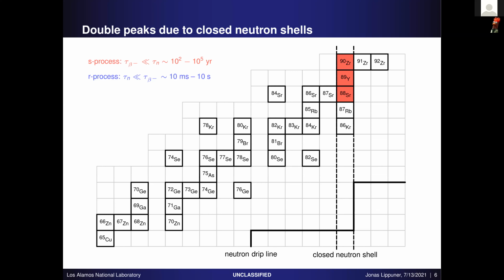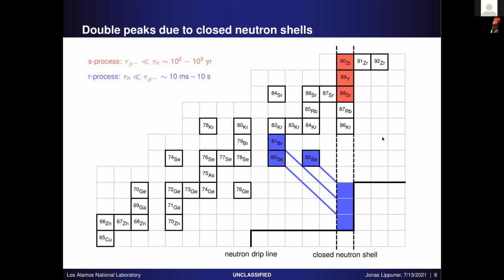For the S process, we would get a pileup of material where the closed shell intersects with the valley of stability. For the R process, we would get a pileup of material down here where it intersects with the neutron drip line. But of course, that's going to decay back to stability. So we get a pileup of material, once everything has decayed, at a lower mass for the R process than the S process.